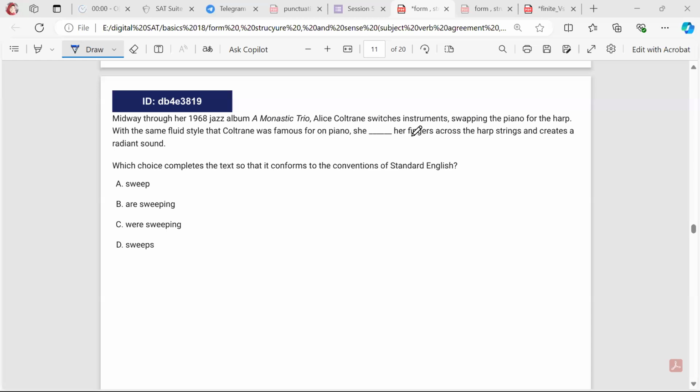One more question, and this time we're going to check the fastest. So who's going to say the fastest answer in the group? Is it subject-verb agreement, verb tense, finite and non-finite? Okay, you mentioned the answer immediately.